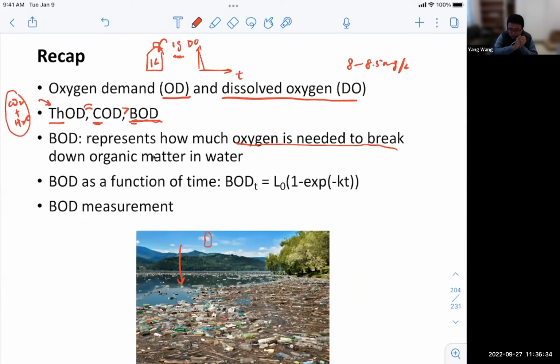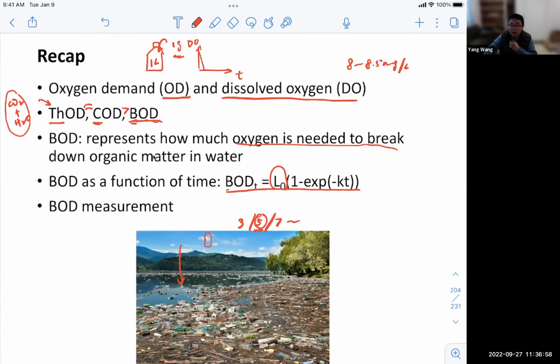They will measure the oxygen after 3 days, 5 days, 7 days or longer. Based on the oxygen demand under certain days, for example the oxygen demand under 5 days, you can use this equation to calculate the ultimate BOD.